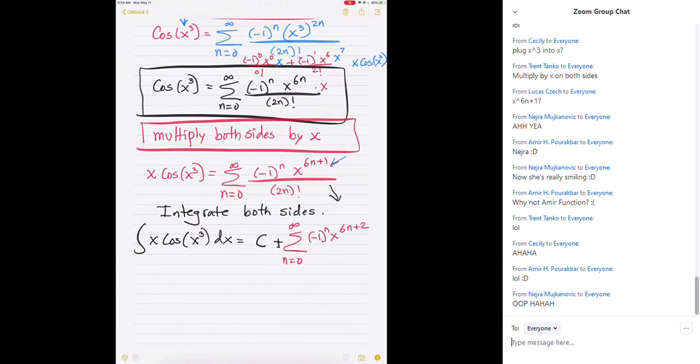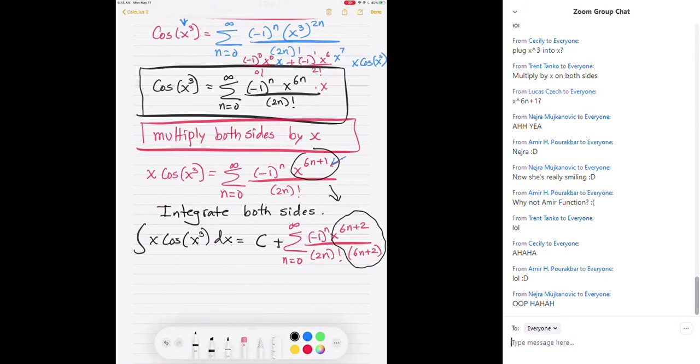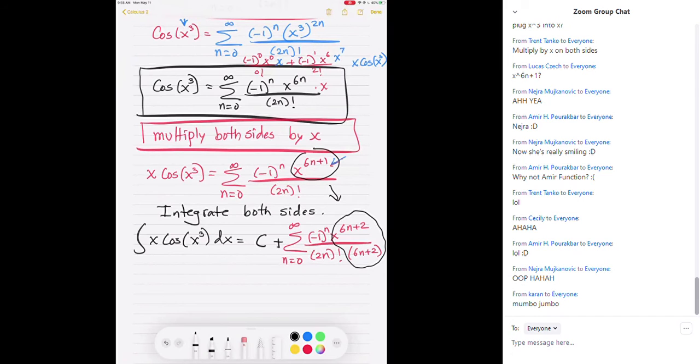So what happens? 6n plus 2, because the exponent goes 1 up, over 2n factorial, 6n plus 2. So if you're wondering what this mumbo jumbo is, we just integrated this, and that is what this is. The exponent goes 1 up, and you divide by the same thing. And that's it.